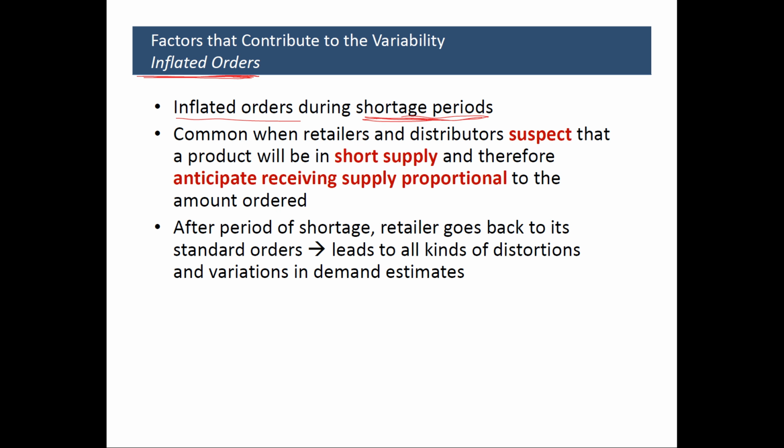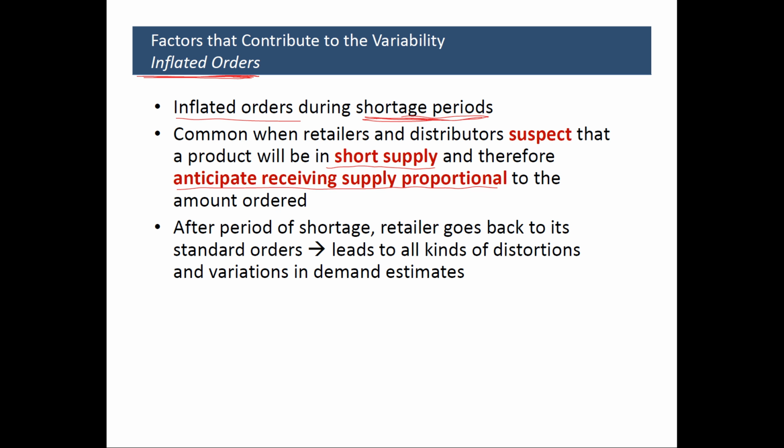So we can have the effect that when a retailer and a distributor suspect that a product will be short in supply, then they would anticipate receiving a supply proportionally to the amount ordered, meaning that, as we have seen in the game as well, if we experience a peak in demand of our end customer, then we are more prone to react to this and order a little bit more in the future in order to have enough buffer.